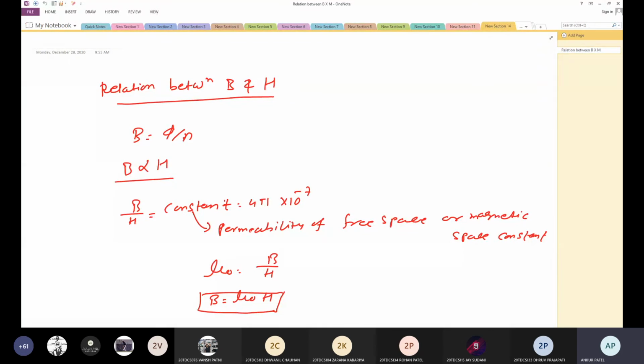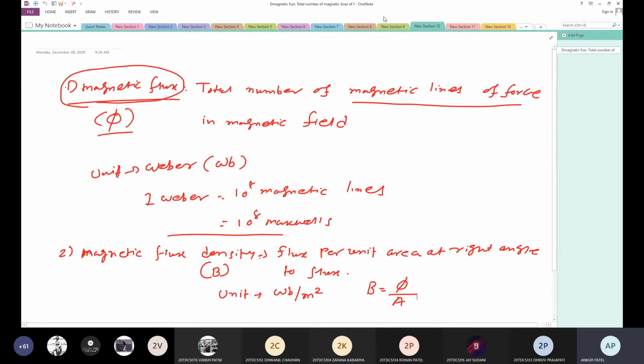Up to this, any doubt on these terms? No, sir. Okay, these are the important terms for electromagnetics. By understanding this, we will go for Faraday's law, Lenz's law, and then statically induced EMF.